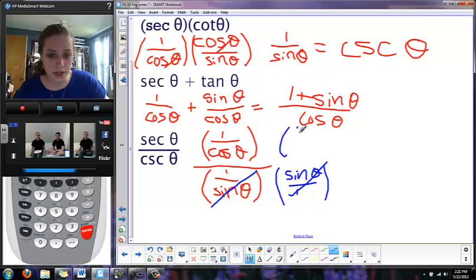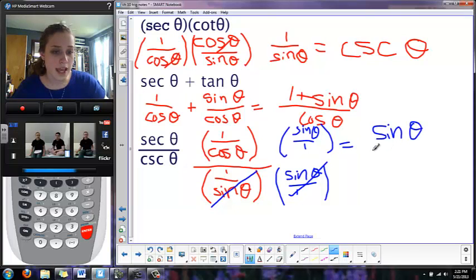And up here I'm going to have sine theta divided by 1. So nothing cancels up top, so what I'm left with is sine divided by cosine. And sine divided by cosine can be rewritten as one single function, or in simplest form, and that is equal to tangent theta. Okay?